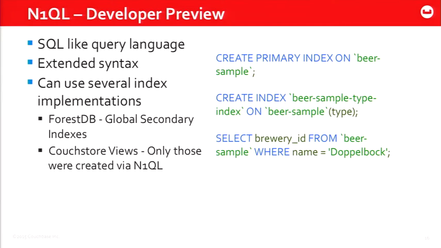So if you don't use the WITH GSI option and you use the developer preview of Nickel, it will basically create your view, right? And you can then query those views directly via Nickel. You can't query every view via Nickel, only those that were created via the CREATE INDEX statement.